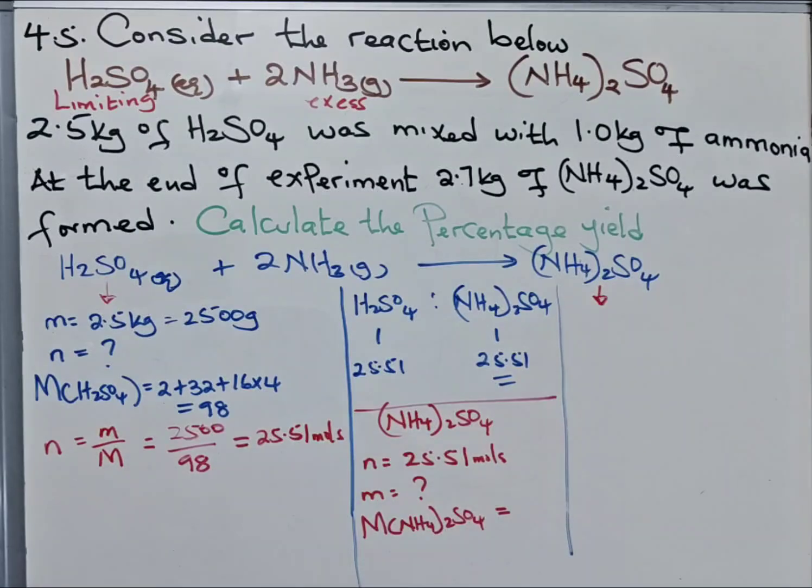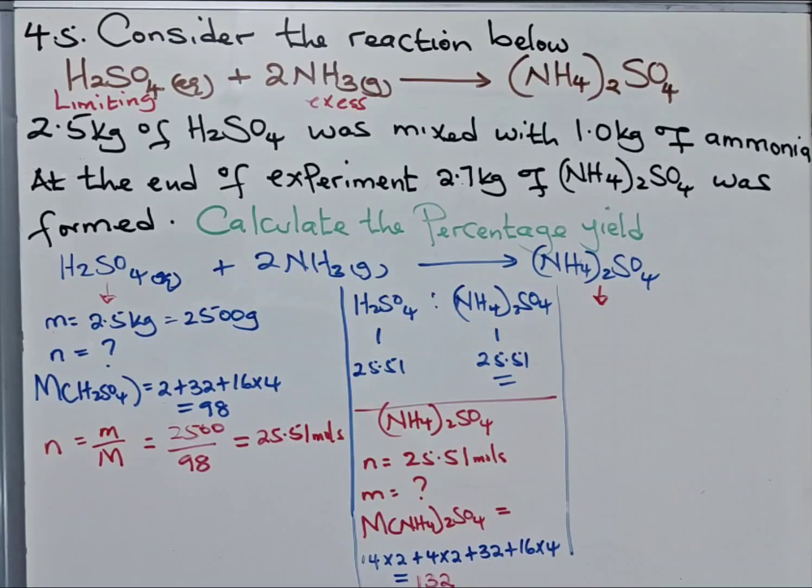Nitrogen is 14 times 2, plus hydrogen, which is 4 times 2, plus sulfur, which is 32, plus oxygen, which is 16 times 4, giving us 132 grams per mole.